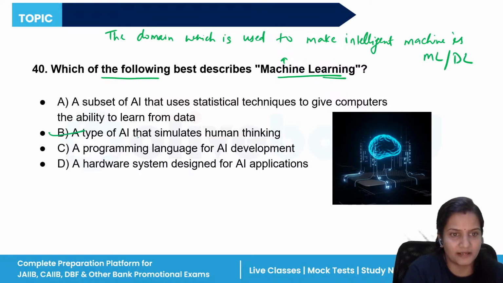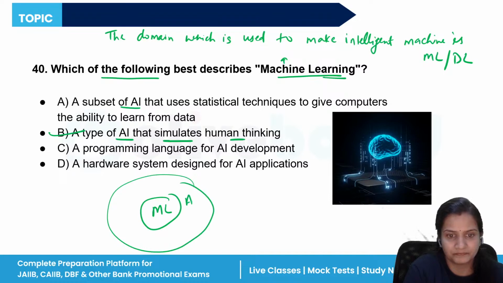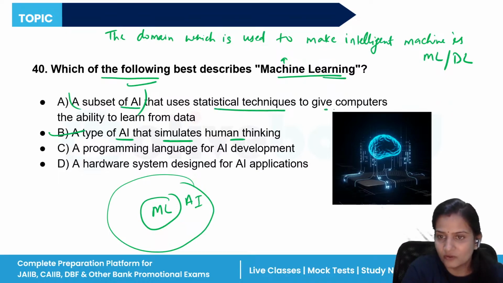No, it is B, a type of AI that stimulates human thinking. Tell me, if you're saying a subset of AI, it means machine learning is a subset of AI. Till here it is correct, I will also agree on this. That uses statistical techniques to give computers the ability to learn from data.